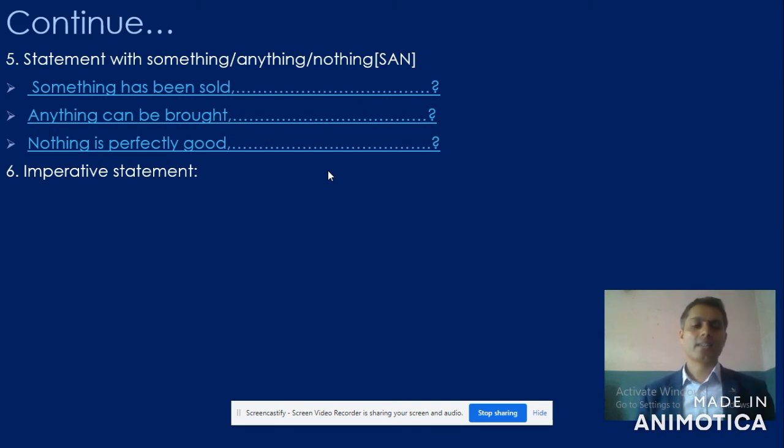In that case, we have to follow a certain type of rule. Let's have a look. Statement: write an essay. This is an imperative sentence, which begins with verb 1. Write an essay. The answer is will you.